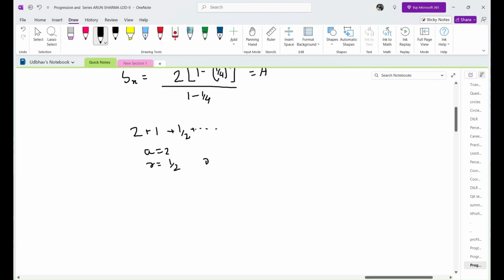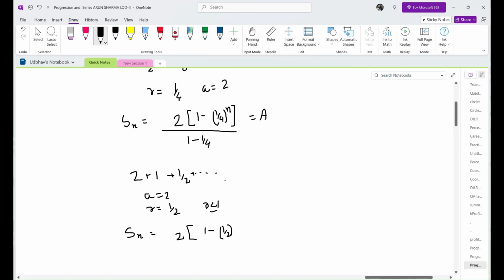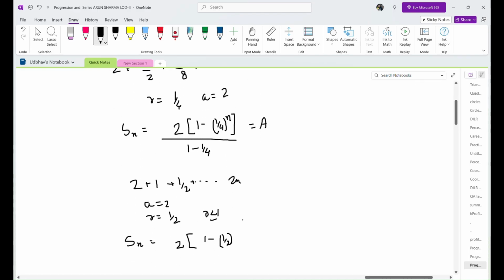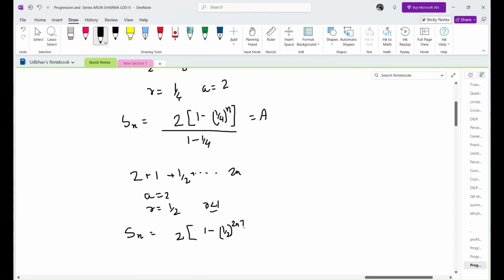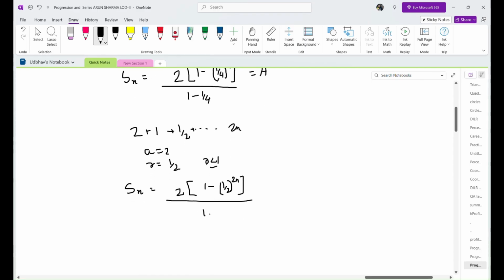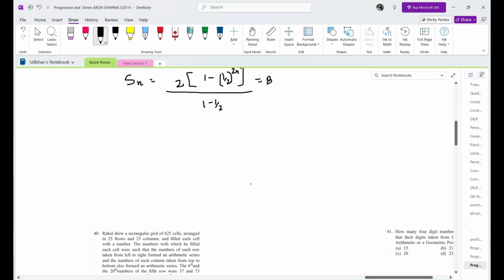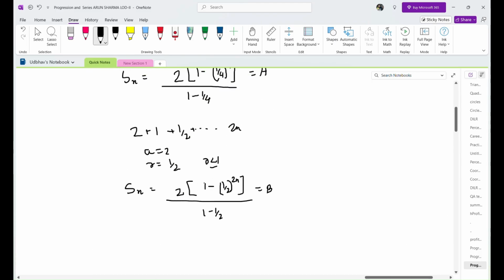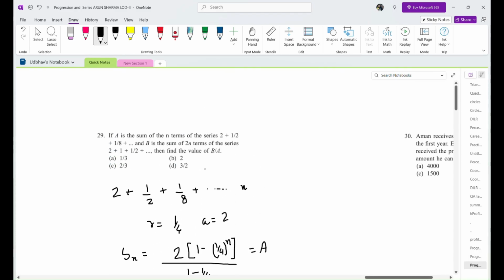But here also r is less than 1, so we'll use Sn equals a times 1 minus r raised to the power, but here we were given 2n terms, so we'll write 2n, upon 1 minus 1 upon 2, and we are given that this is equal to b. The main problem here is not making these equations. The main problem here is how to solve for b by a.